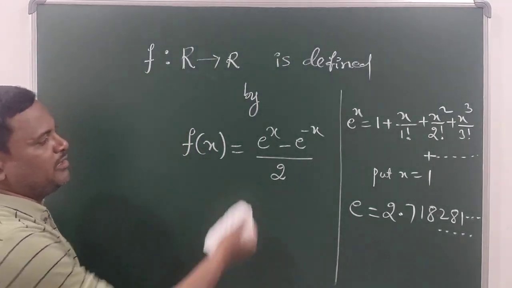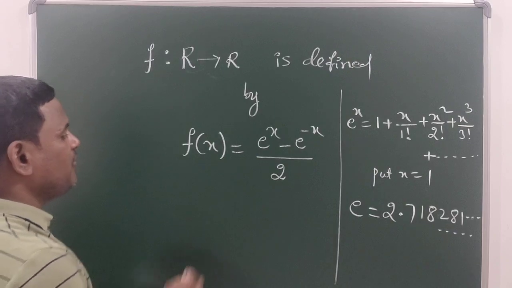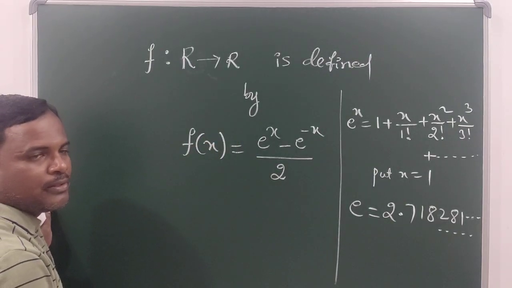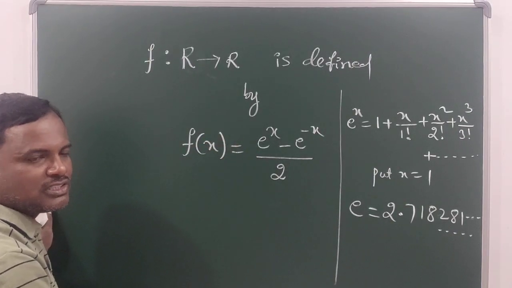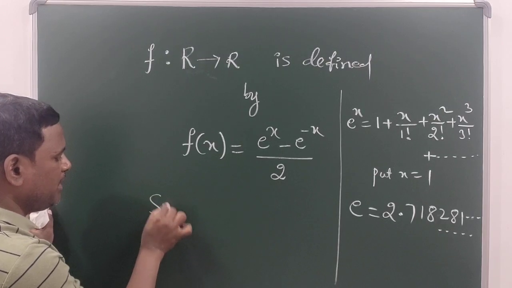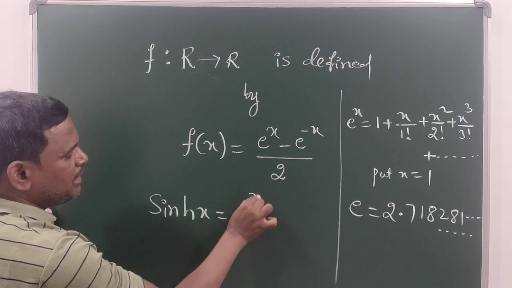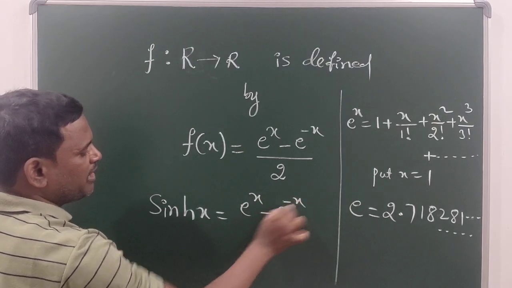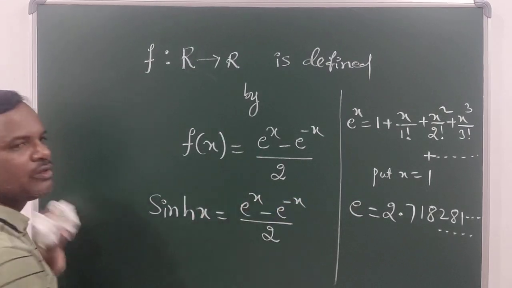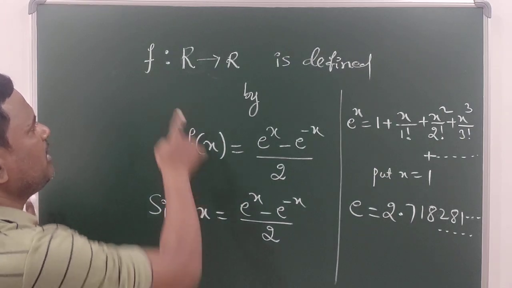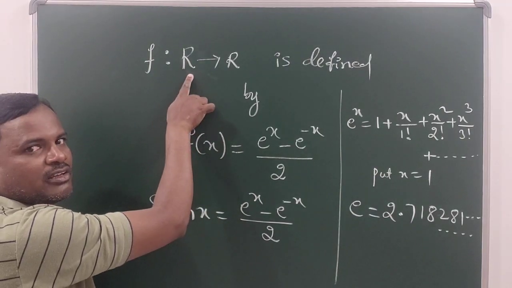So this is the definition of the hyperbolic sine function. It is also denoted by sinh x, which is equal to e power x minus e power minus x by 2. Now here, how is it defined?